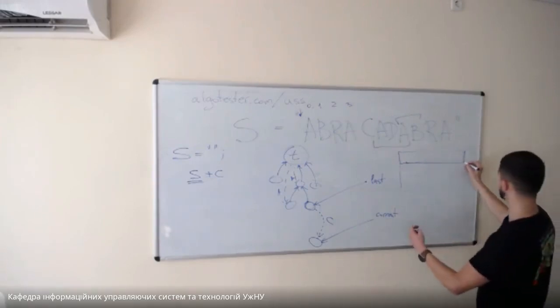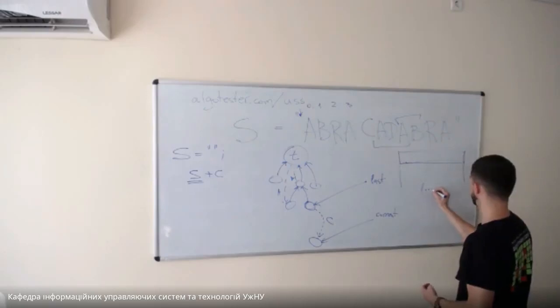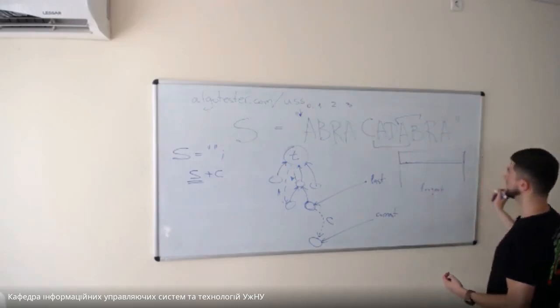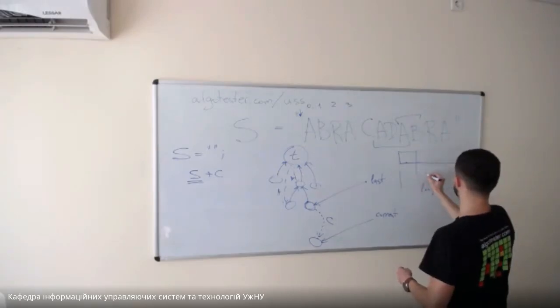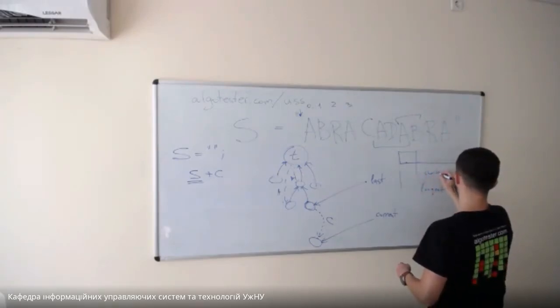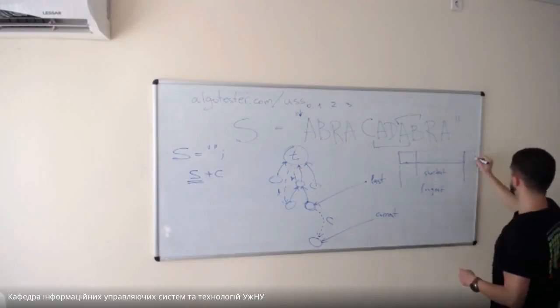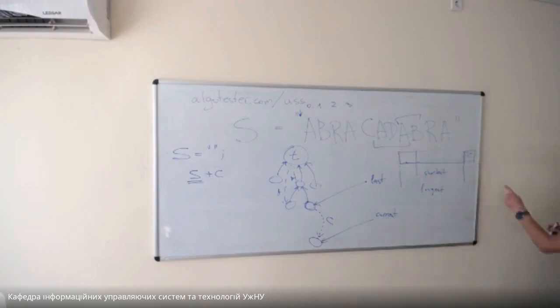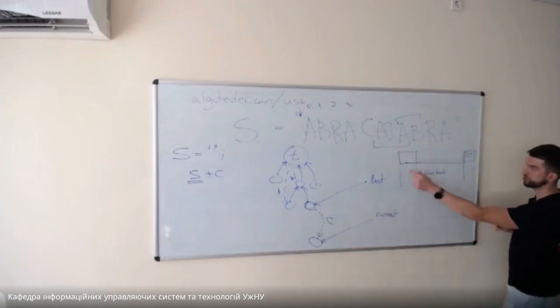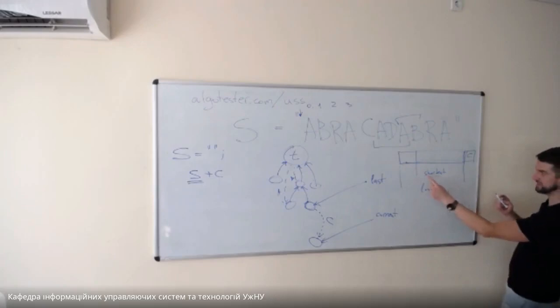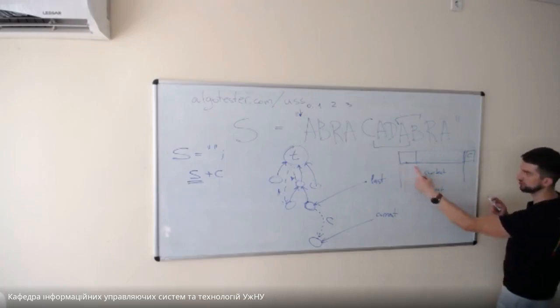Let's say this is the longest for the last, and let's say this is the shortest. And we are appending C here from the right. So this state corresponds to all suffixes of S from longest to shortest.